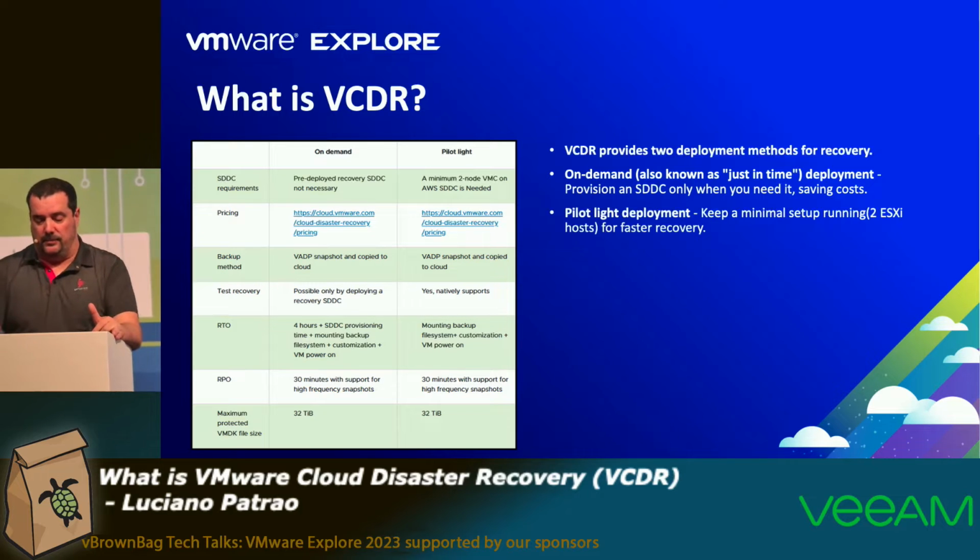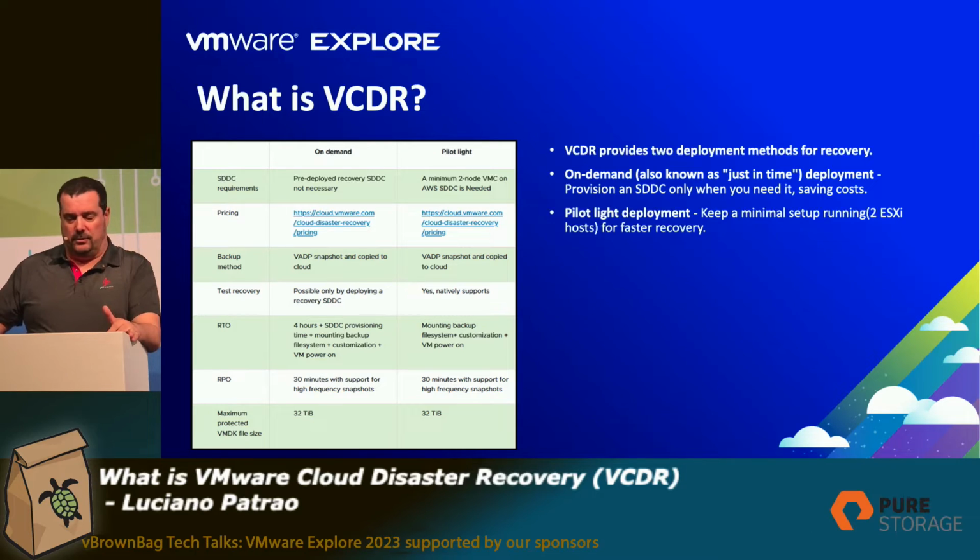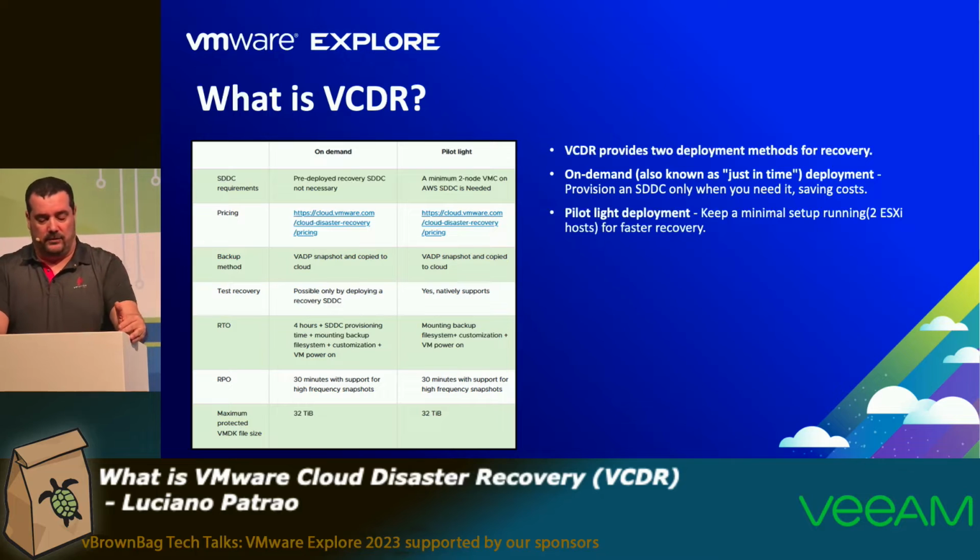In your pilot light deployment, you don't have this time. You only need to mount all your backups on your DR site, and they are running and ready to be used, to test and see if your backups are running properly, or if you have a real disaster and need to have your environment up again very quickly.